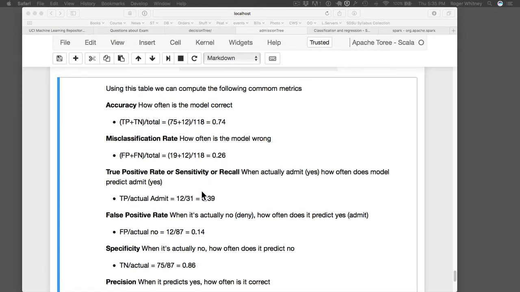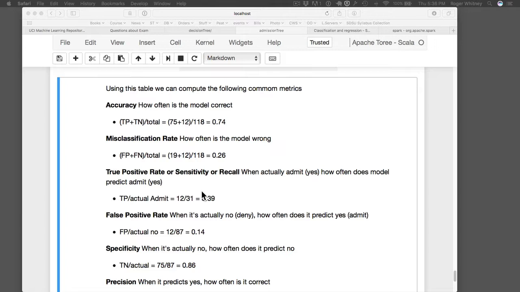So there's a number of other measures people will do. One is accuracy, just how often is the model correct? And that is the true positives plus true negatives, divided by the total number of elements. In this case, the model got the predictions right about 3/4 of the time. How often is the model wrong?